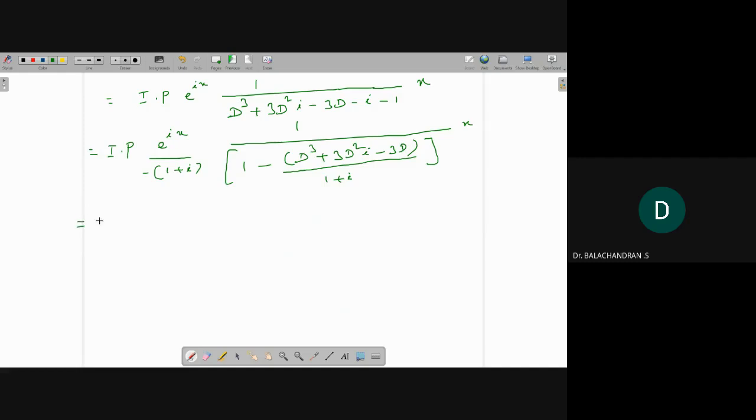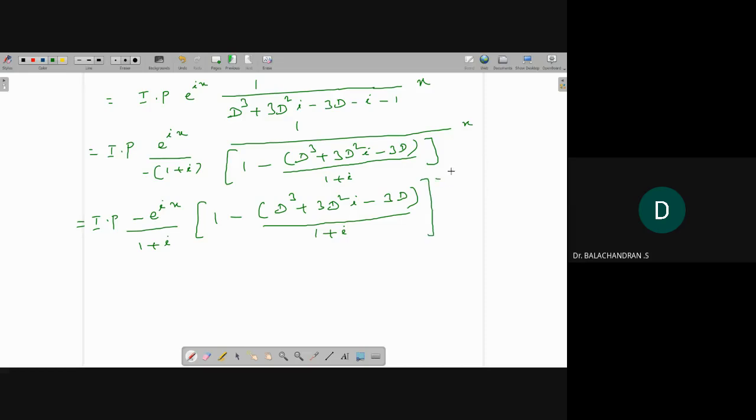So which is equal to imaginary part of minus e power ix divided by 1 plus I. So I will write in the numerator 1 minus d cube plus 3d square I minus 3d divided by 1 plus I whole power minus 1 into x.